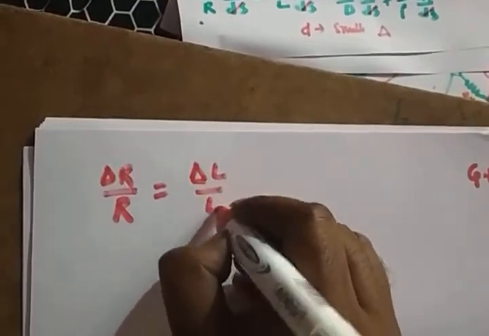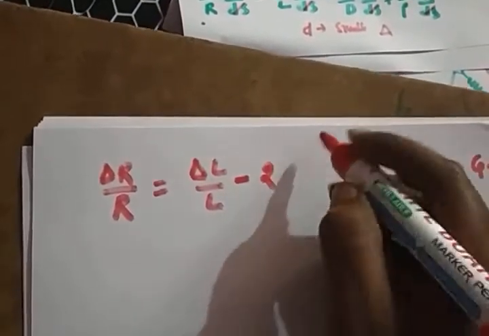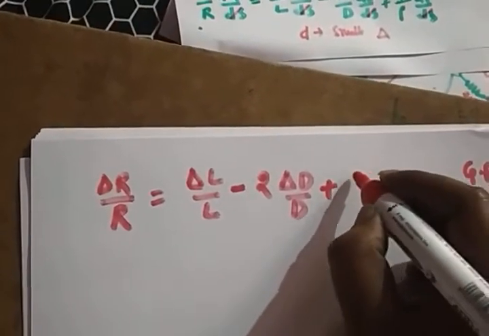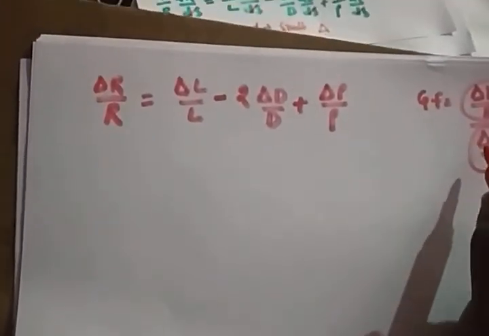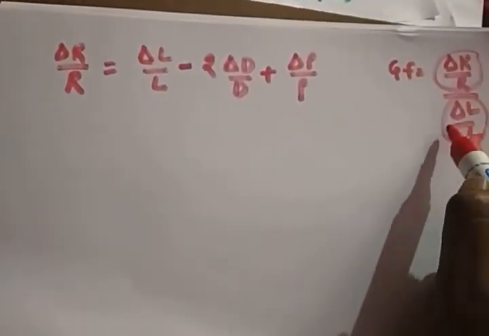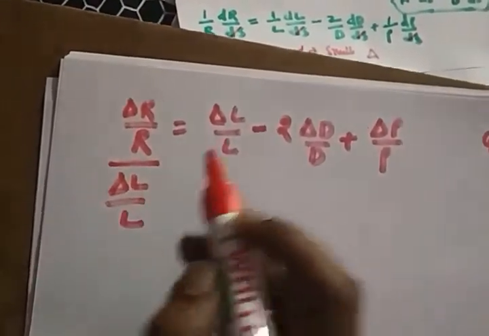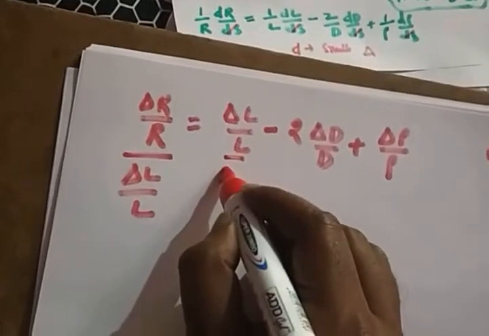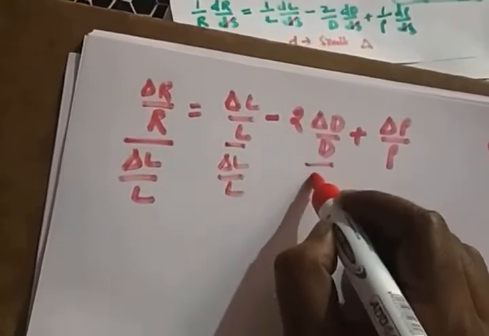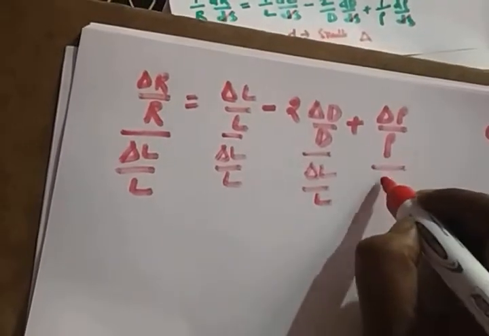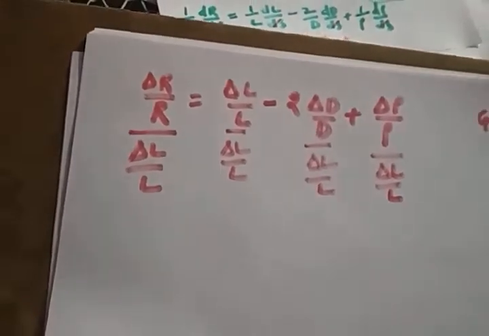Del R by R is equal to del L by L minus 2 del D by D plus del rho by rho. For this, if you want to find the gauge factor, again you divide by del L by L, each term by del L by L. Right?